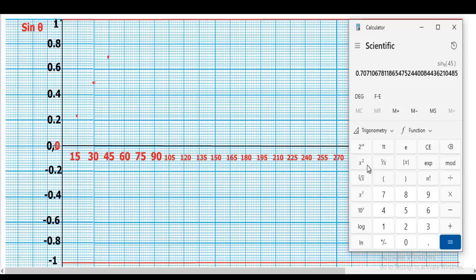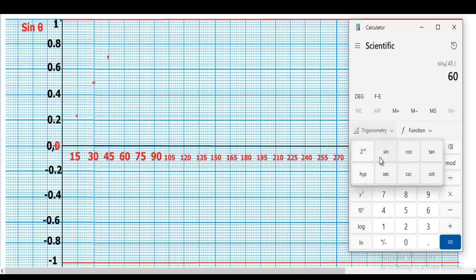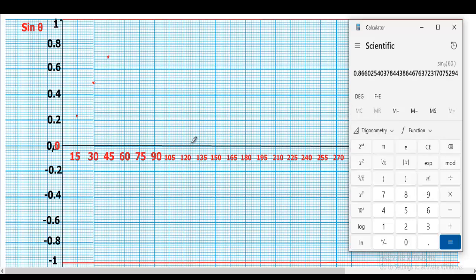Sine 60 would be 0.86 approximately here.